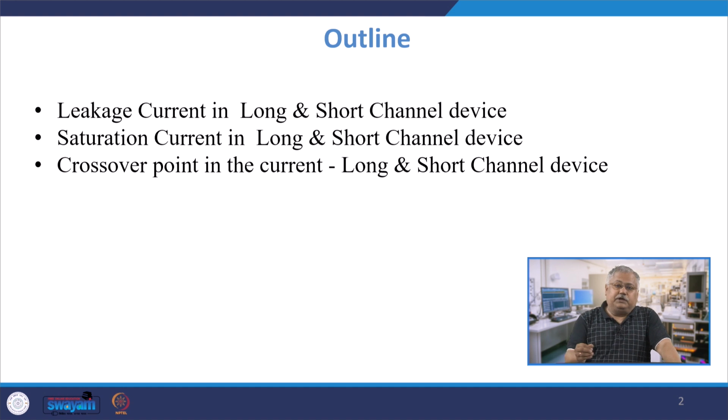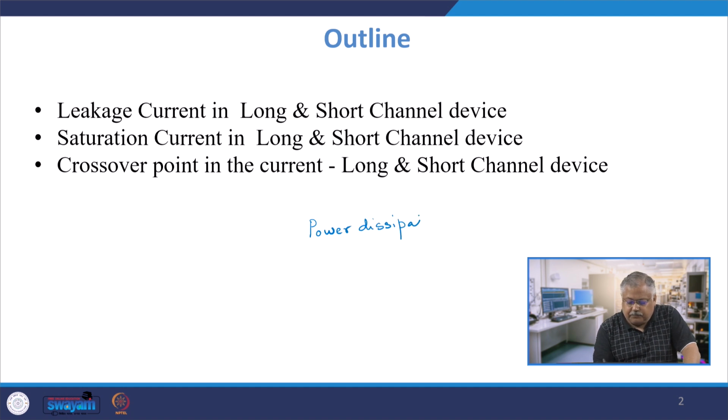It becomes more stringent as you reduce the dimension of the device. So, typically the reason for this is that power dissipation is a critical aspect within a system. Now, this power dissipation consists of two parts.